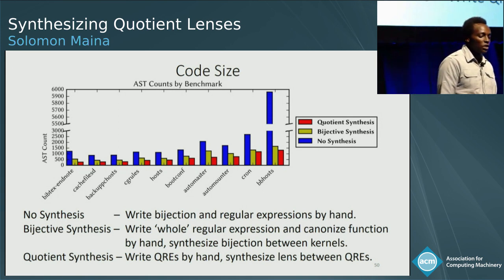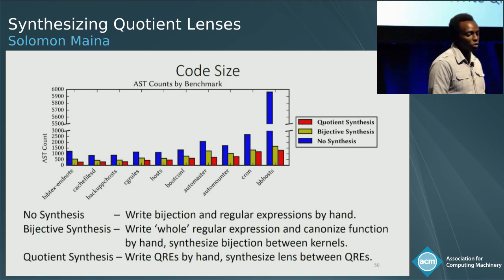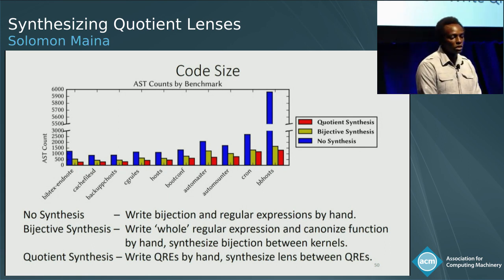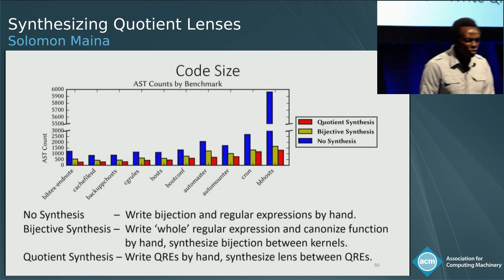So how did we produce one of these 3 programs that I am talking about? The first kind of program is one written just by hand, no synthesis. So that's the blue graphs. The second are the ones in green.